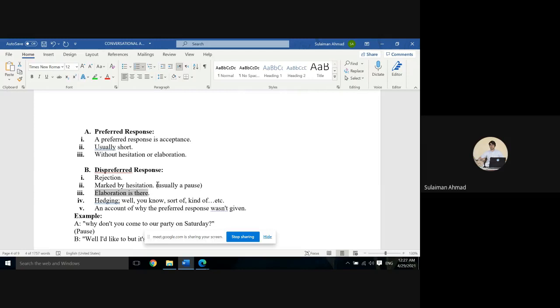Elaboration is there. Let's suppose I ask someone, would you like to come to the party? If that person wants to give a preferred response, a positive response, an acceptance, that person need not provide any elaboration. That person would simply say yes. But if that person wants to give a negative response, a rejection, we usually tend to elaborate.